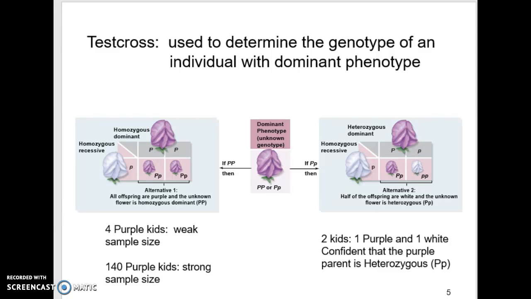And you inherited his recessive allele and mom's recessive allele. That's why you express it. So test crosses are incredibly important to help us try to determine the genotypes of the parents, especially the parent where they express a dominant variation.